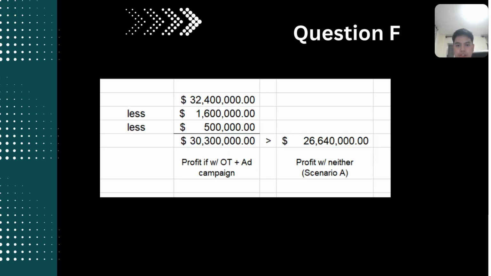Moving on to question F, accounting for both the advertising campaign's 500,000 and the maximum labor, which is 1.6 million, you will get a total of 2.1 million to be subtracted from the answer in question E, which was 32,400,000. Once subtracted, this results in 30,300,000, which is still greater than the answer of question A, which was 26,640,000.